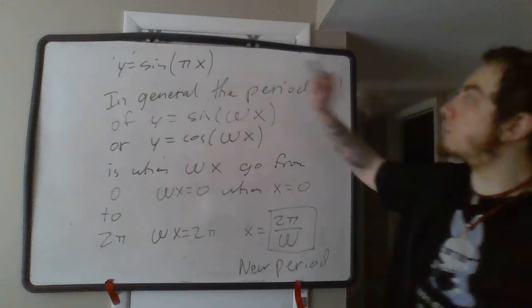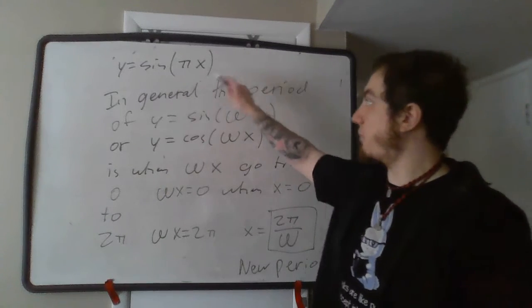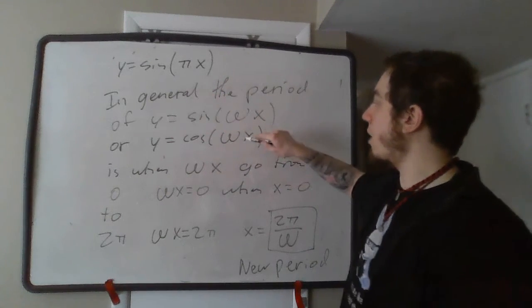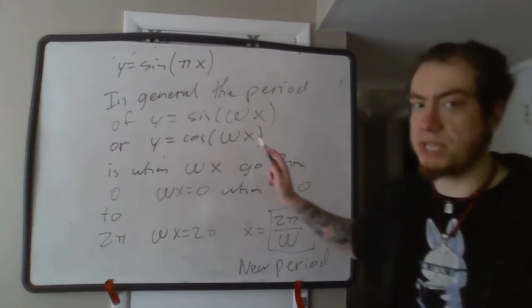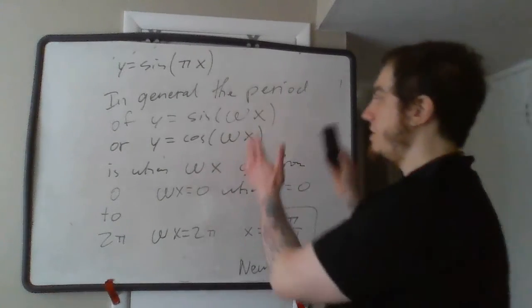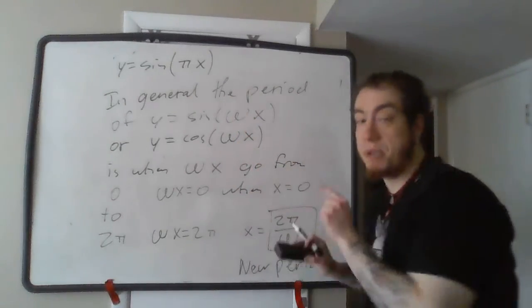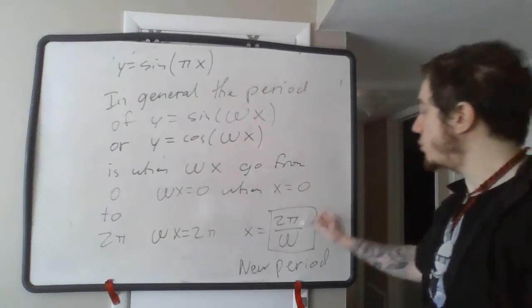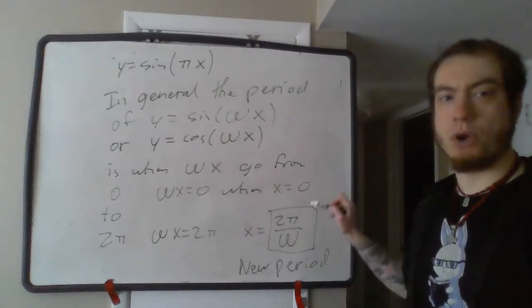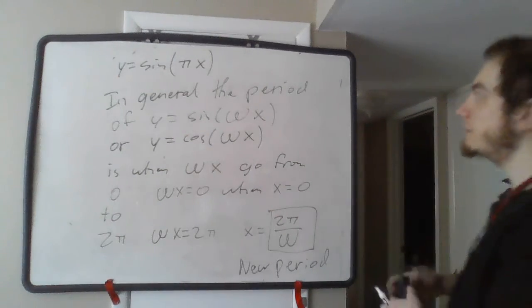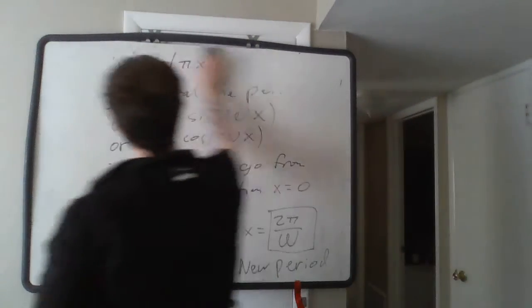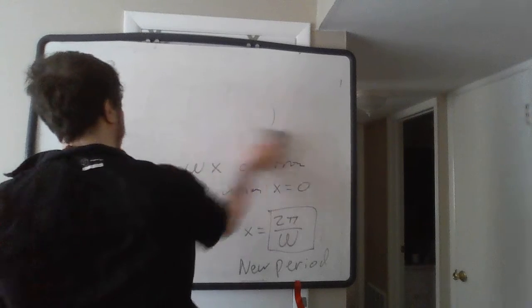In other words, when you graph a function that looks like this form, and this is true for cosines as well as for sines, then the interval size that you get before this thing starts repeating itself is going to be 2 pi divided by this omega. Now, we can put this together with the amplitude thing.